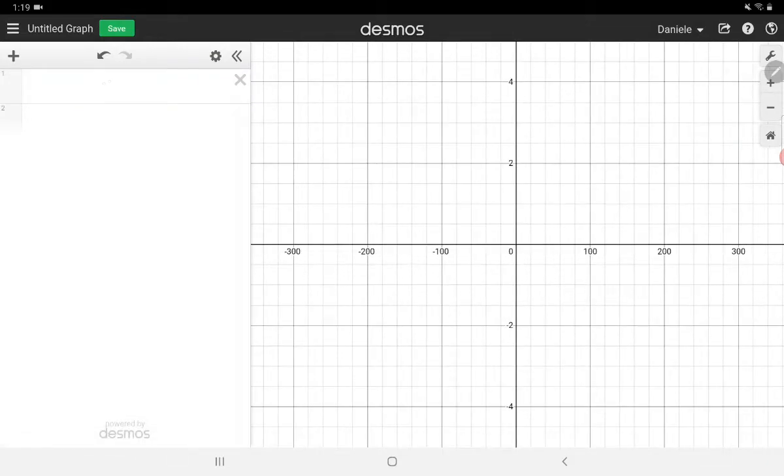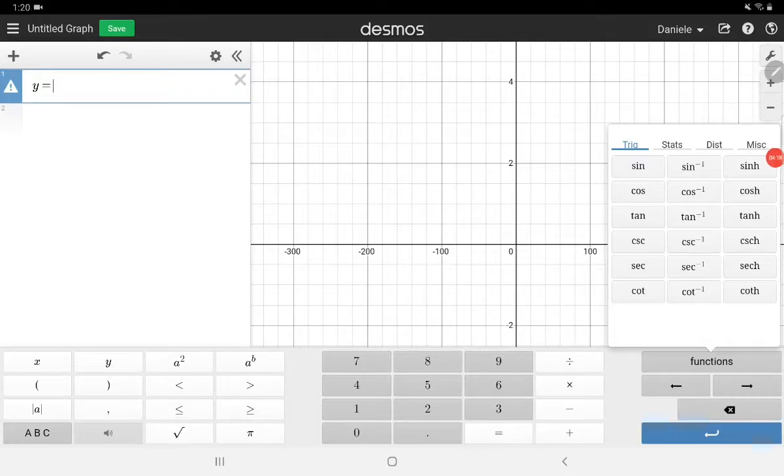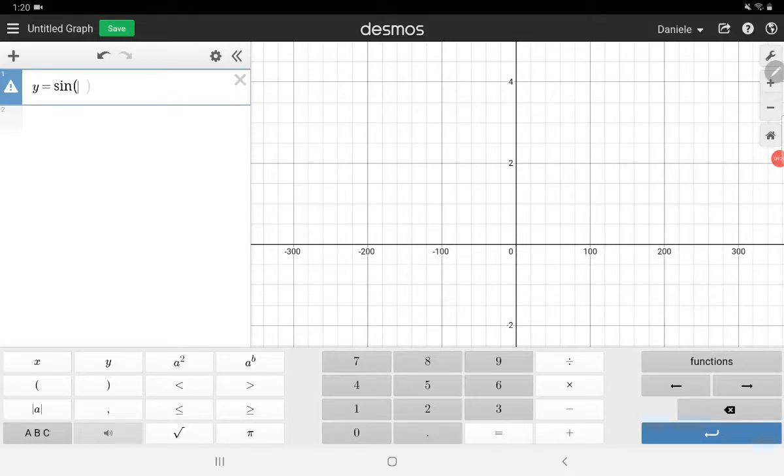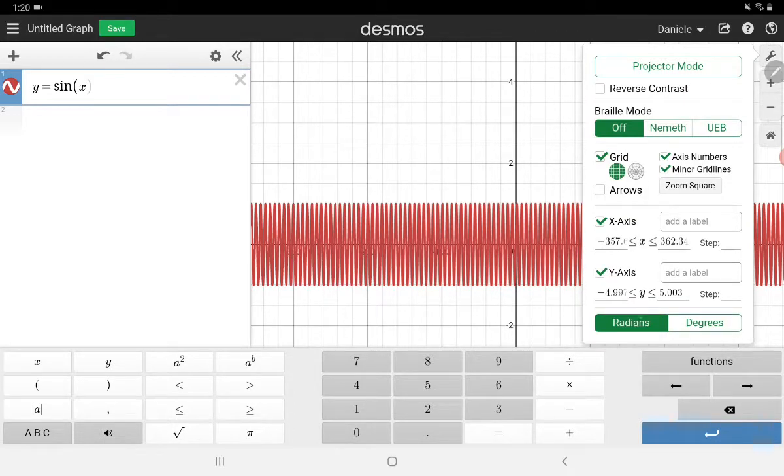All right, and then we're going to plot y equals sine x. By the way, sine is found in the functions button there. Oh, and my mistake, the one thing I forgot to change: right now we're in radians.